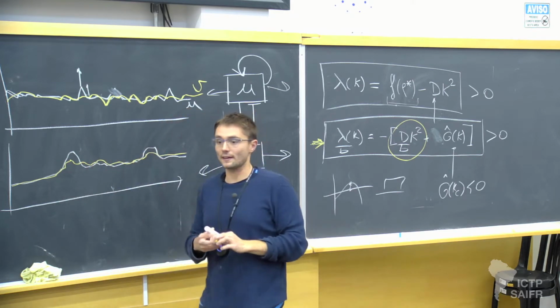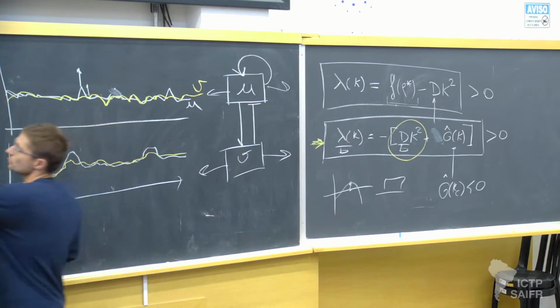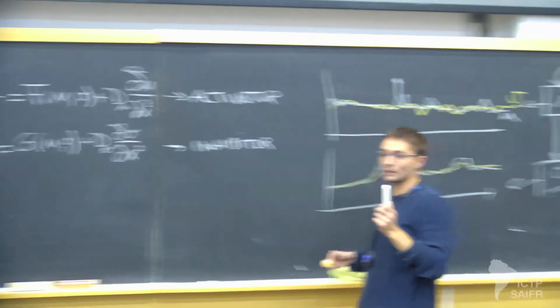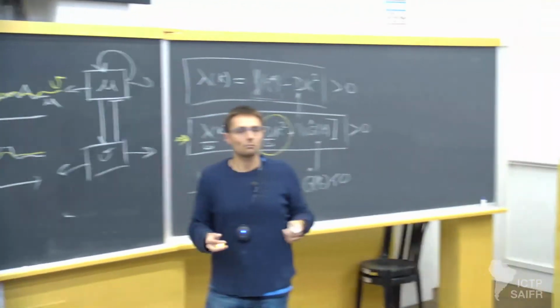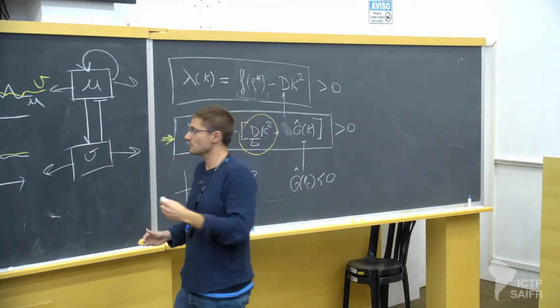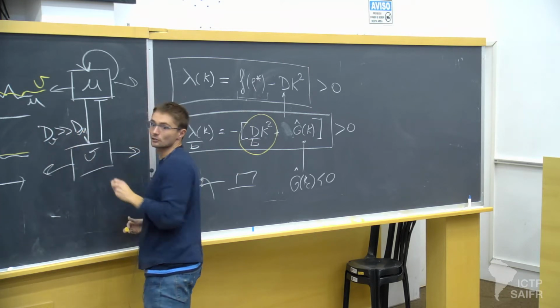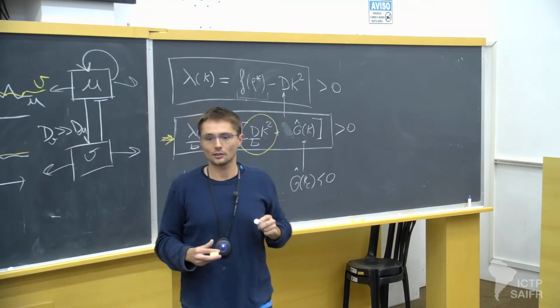And then what's the idea? The idea is that these two species, or these two chemicals, they both diffuse. And the condition that he found for having patterns in this kind of system is that the diffusion of the inhibitor has to be way faster than the diffusion of the activator. The question is why?